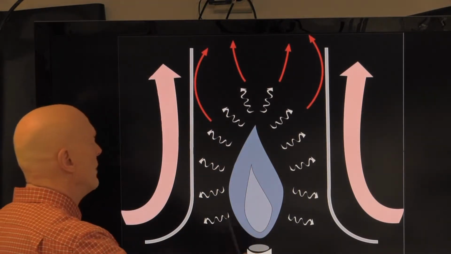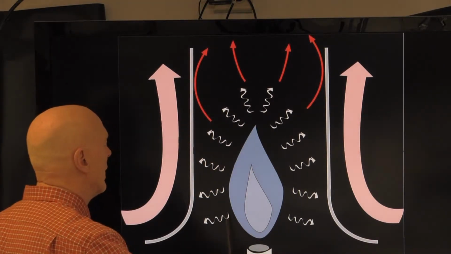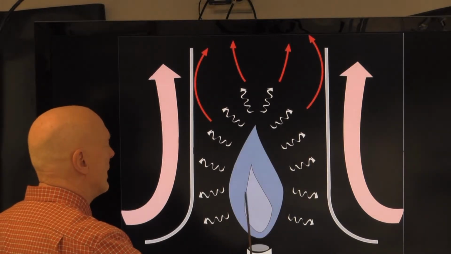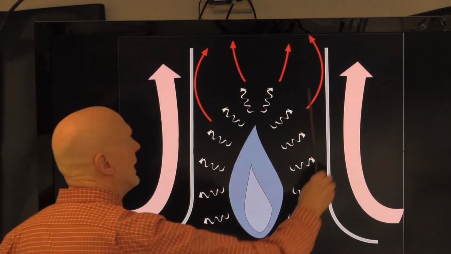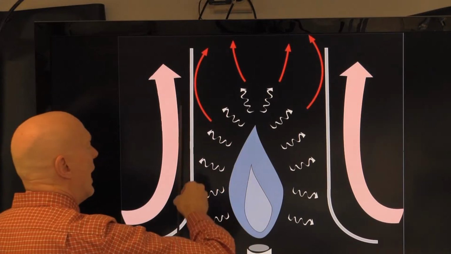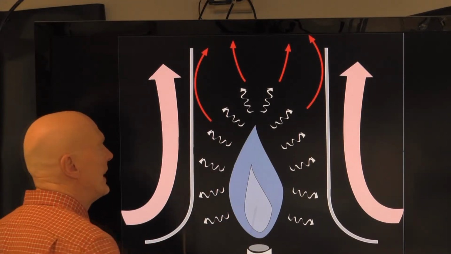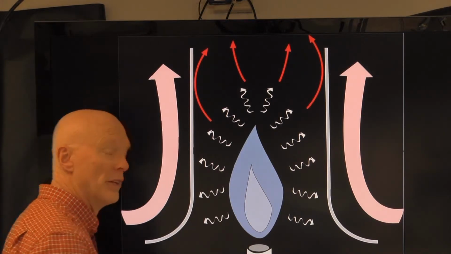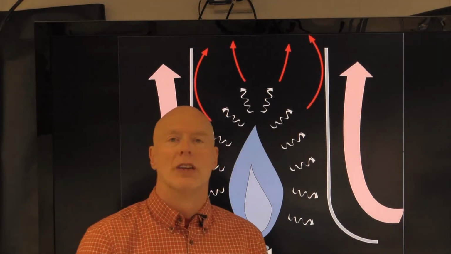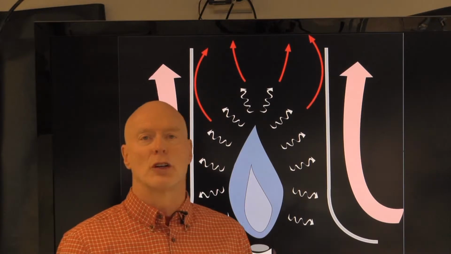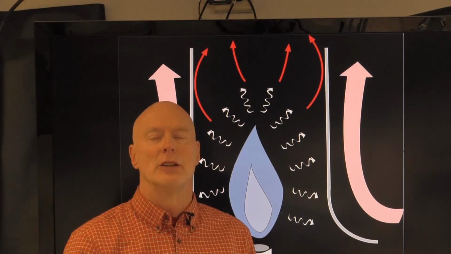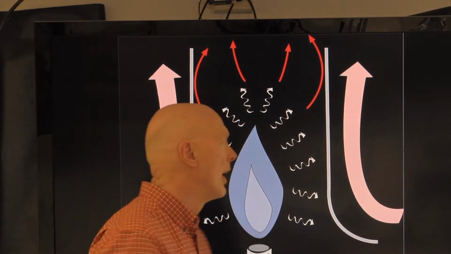So we have a flame here. How is this working? The flame is very hot and it is radiating heat all around it, and the heat exchanger is absorbing the heat from the radiation from the flame. So the areas of the heat exchanger that are closest to the flame are mainly heated by radiation.